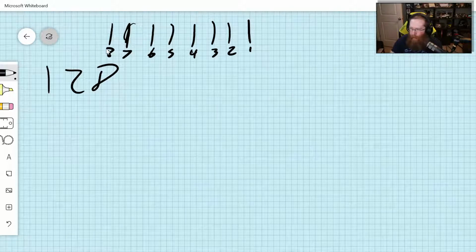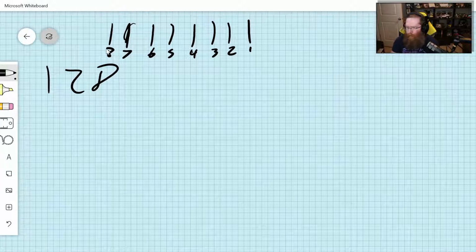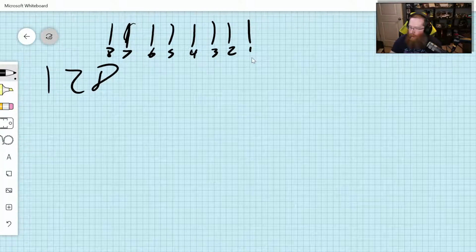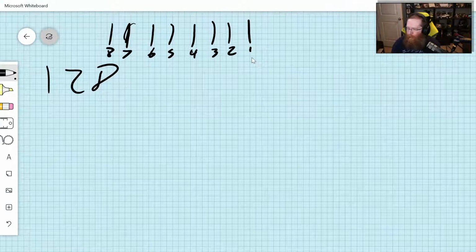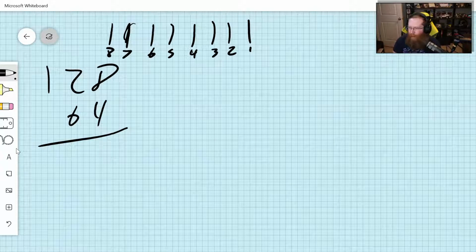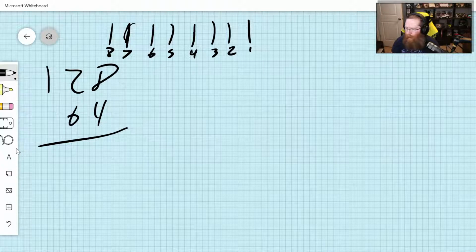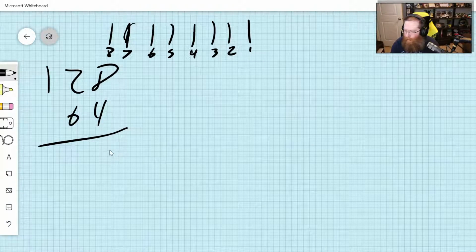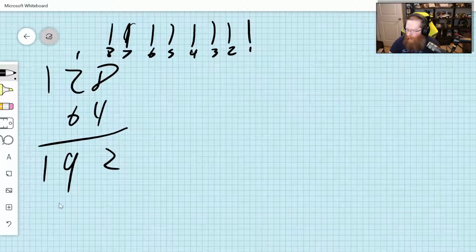Actually, sorry, let me repeat what I said. We are going to do our calculations taking into consideration that the farthest right is going to be our lowest number and the farthest left is our highest number. So if that very first one, that 8th position, is 128, and then if we have the 7th on as 64, because they're halving it each time and doubling it going the other direction, I'll talk about that more in a second. Let's do the math on this really quickly. So that's a 2, carry the 1, 192. Okay.